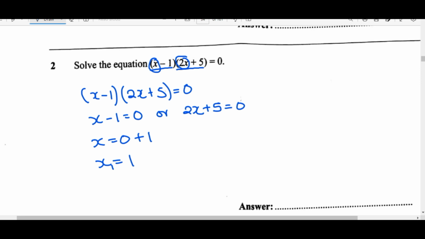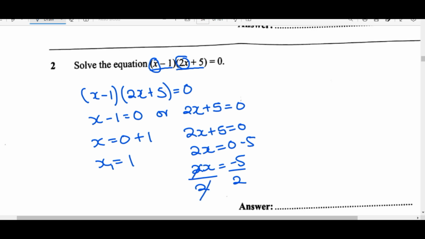So you collect the like terms. In this case 2x plus 5 is equal to 0, or you would say 2x is equal to 0 minus 5. So here what are we going to do? 2x is equal to -5. Because we are solving for x, you're going to introduce a 2 there and a 2 there. So 2 it goes.